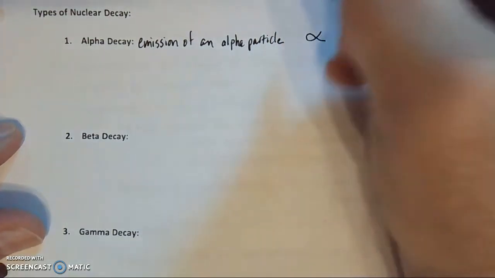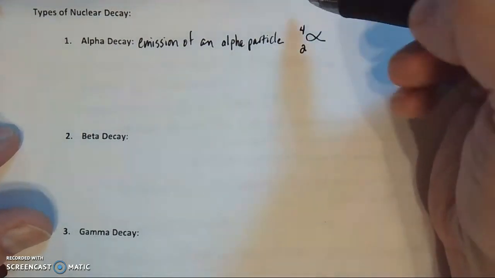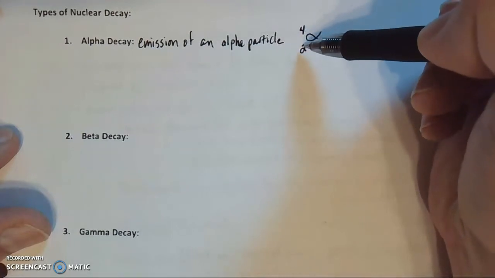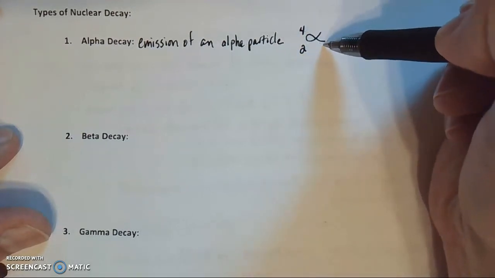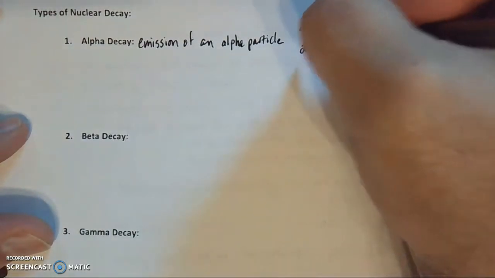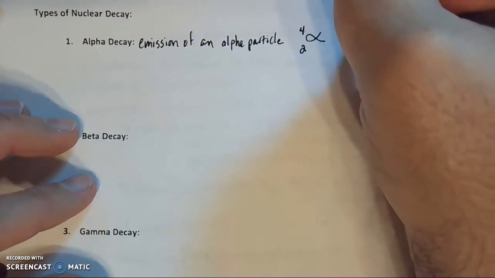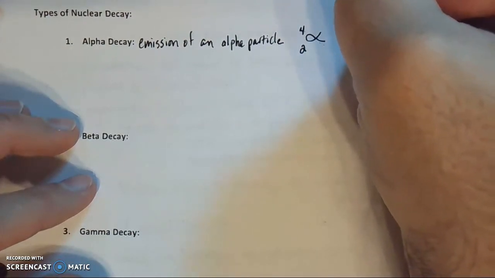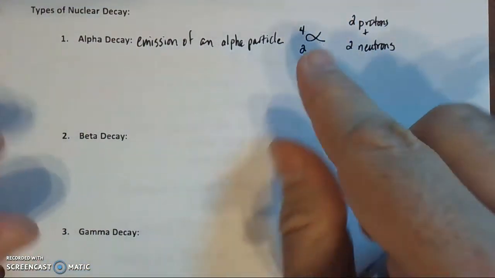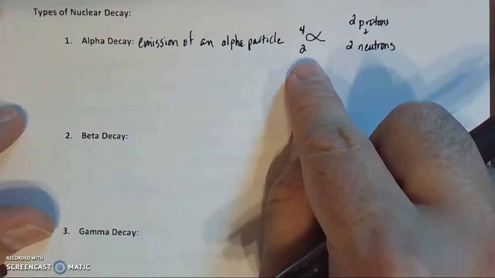Alpha looks like that, and we're going to put a 4 and a 2 there. Now these are in the same place as our mass number and our atomic number. So this alpha particle has a mass number of 4 and an atomic number of 2, which means that it has 2 protons plus 2 neutrons. So an alpha particle really is a helium particle.